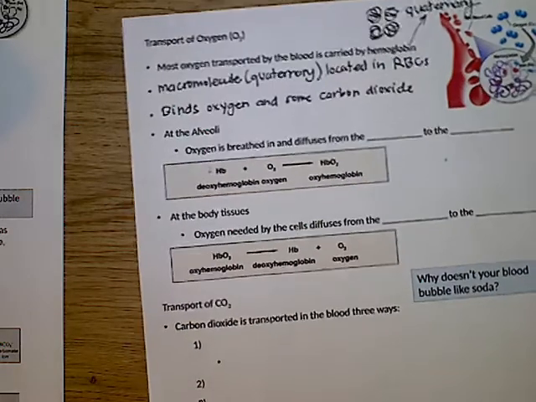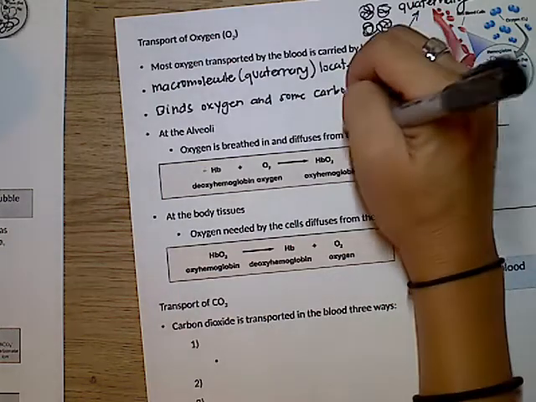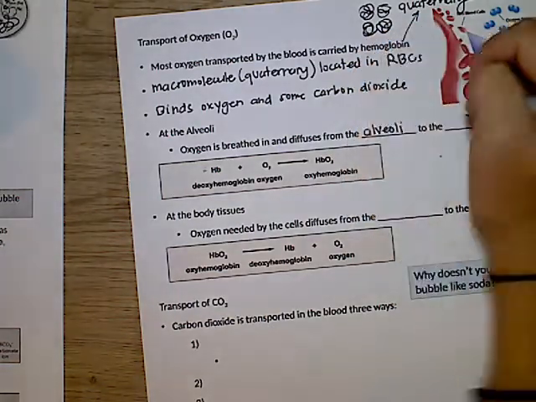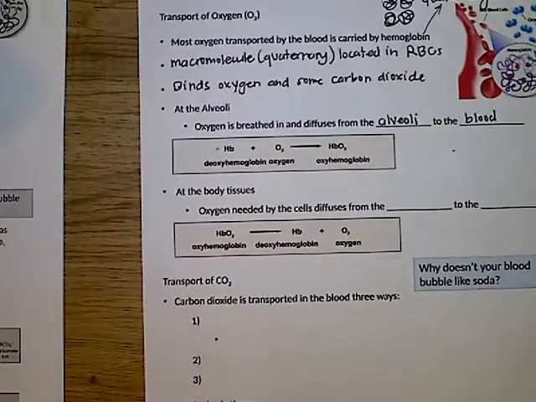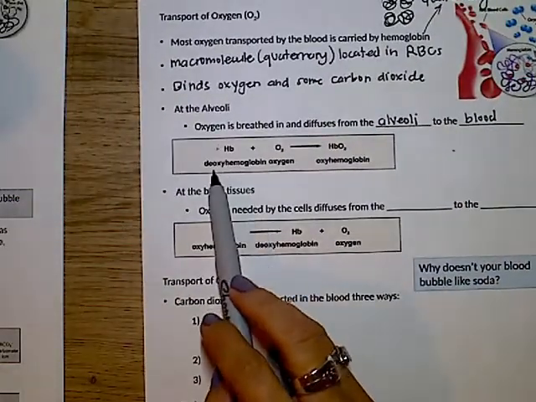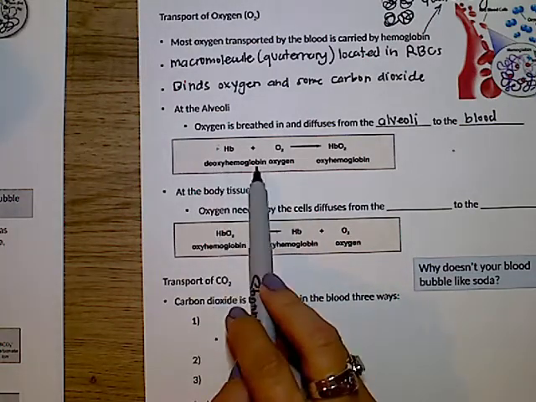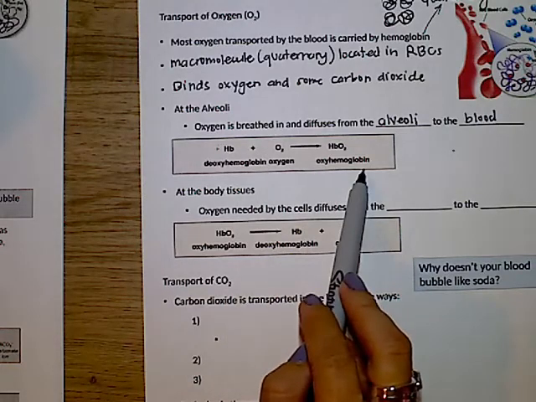So at the alveoli, oxygen is breathed in and diffuses from the alveoli to the blood. And when the hemoglobin is not carrying oxygen, we call it deoxyhemoglobin. And then once it picks up the oxygen, we call it oxyhemoglobin.